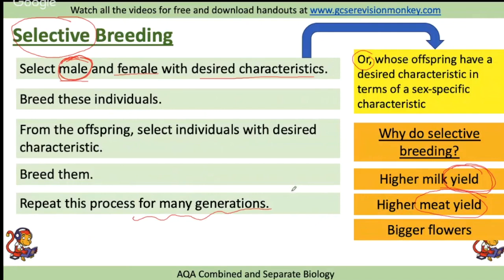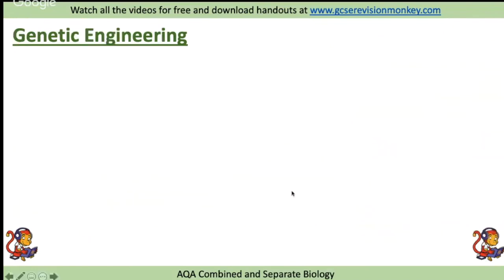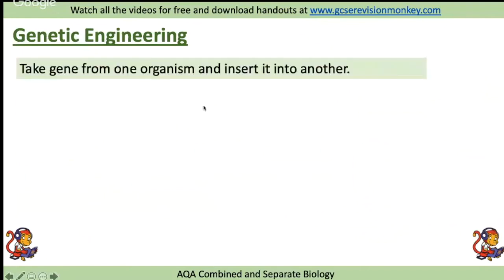Selective breeding is something we've done for hundreds of years, but more recently, technology has allowed us to do something called genetic engineering. And with genetic engineering, you take a gene from one organism and insert it into another. Now, you can really let your imagination go wild with this.